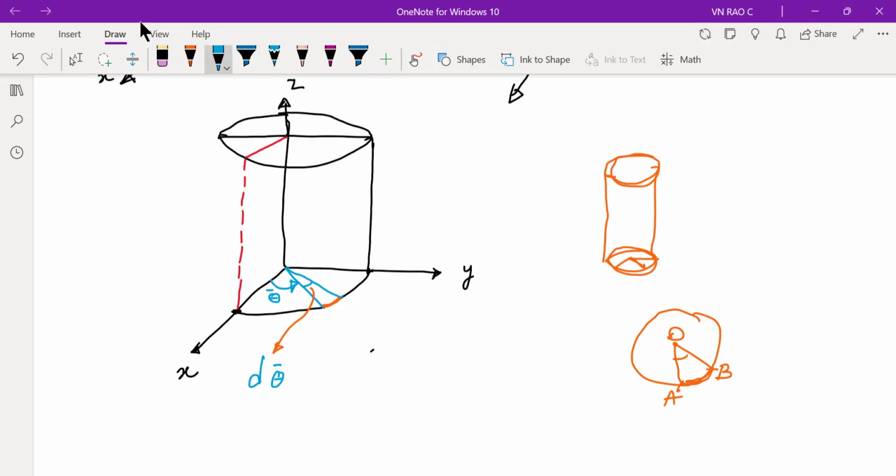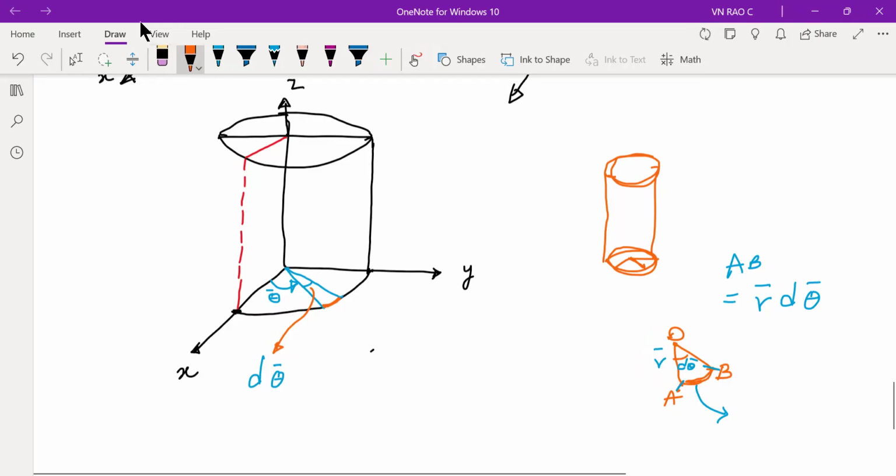If I know this as radius, and this angle as d theta bar, the length of arc AB would be r bar into d theta bar. That means to travel from A to B, my dimension is nothing but r into d theta bar. This is from the sector point of view.